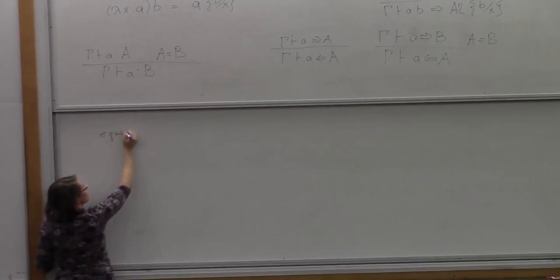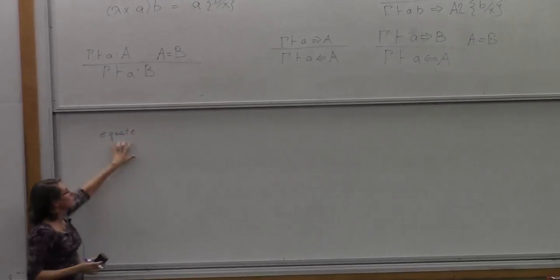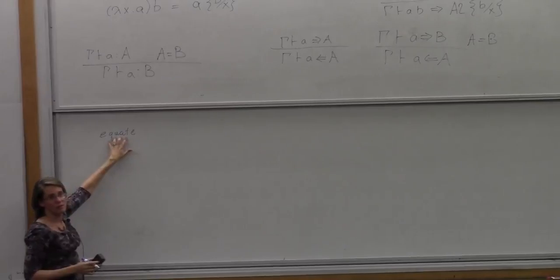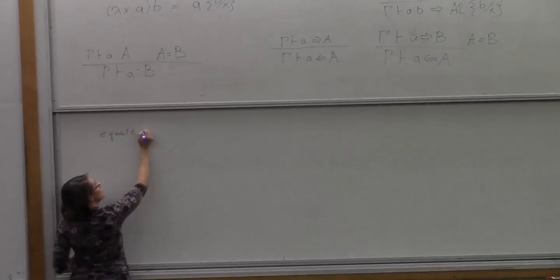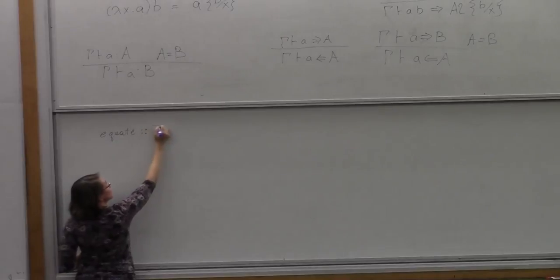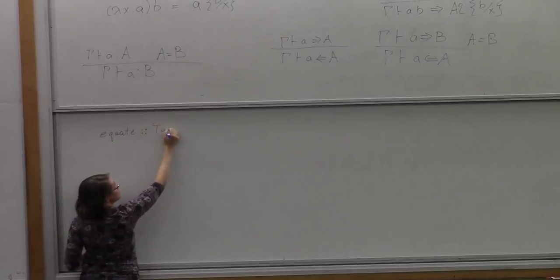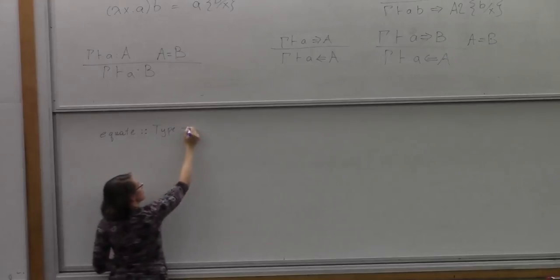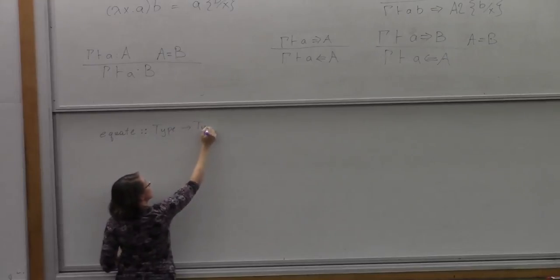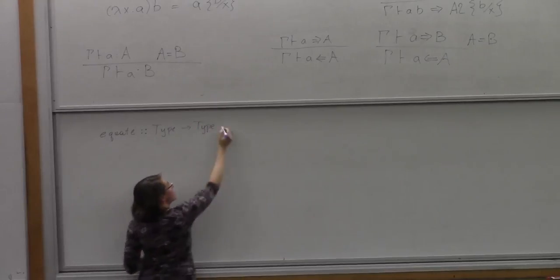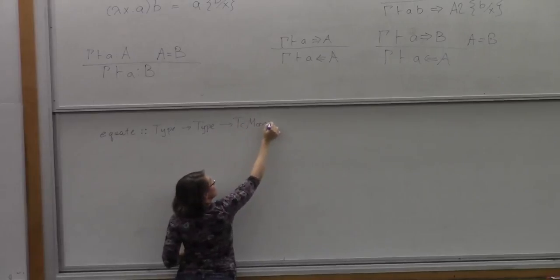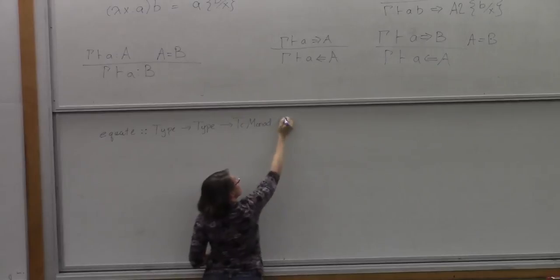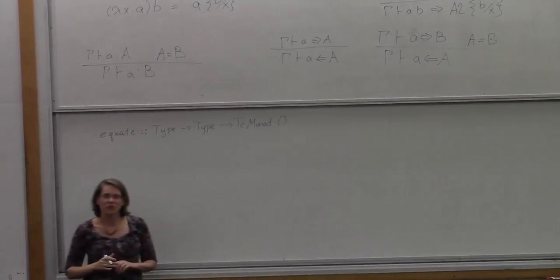If you're following along in version 2 of the implementation, you'll see there's a function called equate, and it has this type. It takes two terms. Remember, type and term are the same thing. And it works in the type checking monad, but doesn't return any interesting result.